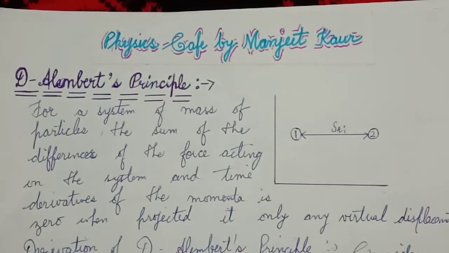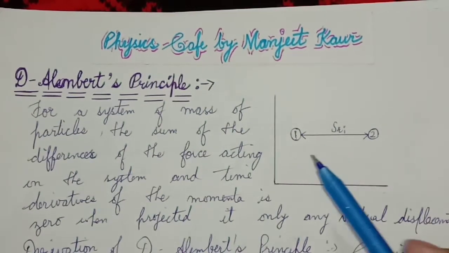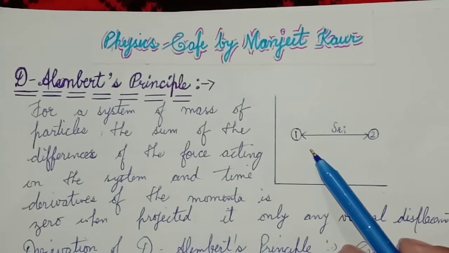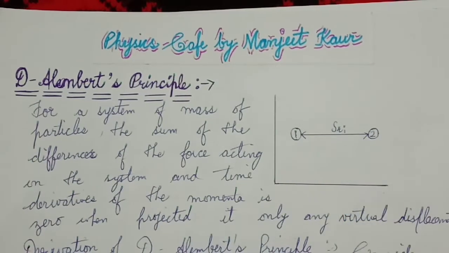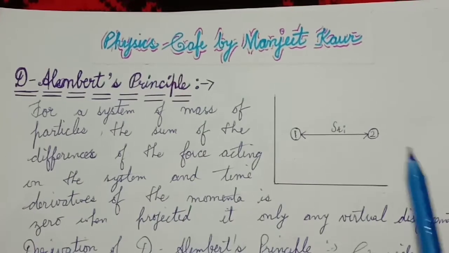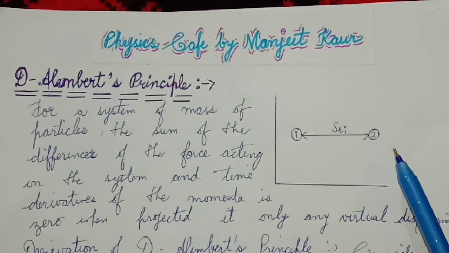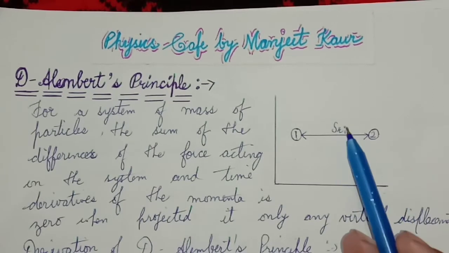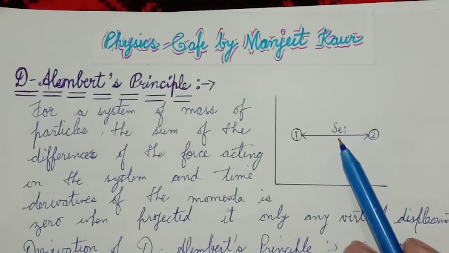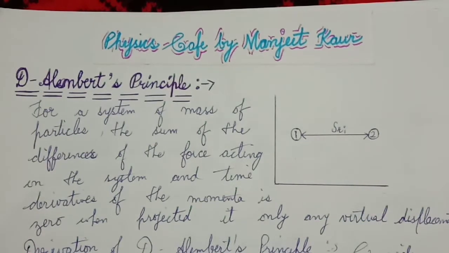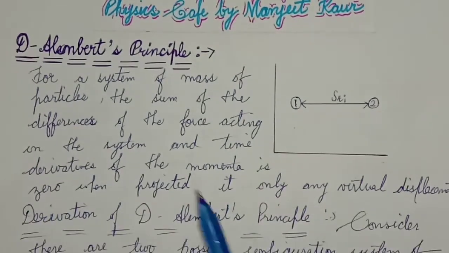When the system is in equilibrium, then the force acting on that particle will become 0. So constraint force will become 0. And in the second case, when the particle moves some distance, then we get the difference of forces and change in momentum. Then we get the value of delta Ri, which is virtual displacement. So this is our definition, which we already explained.